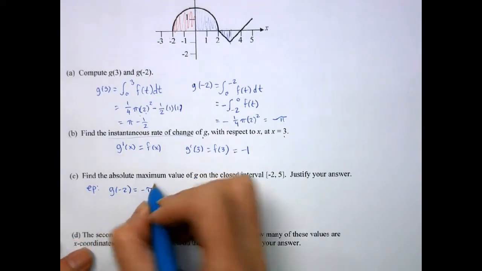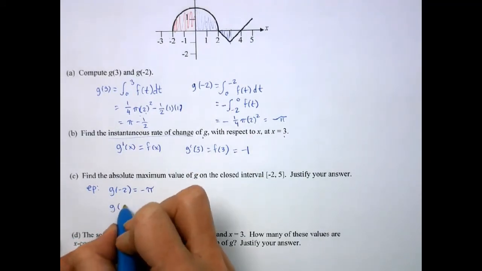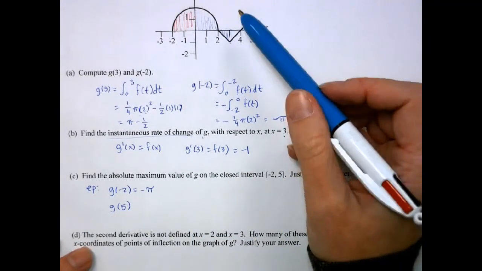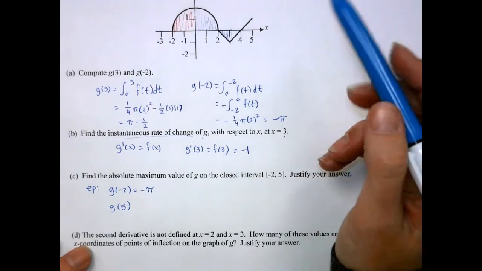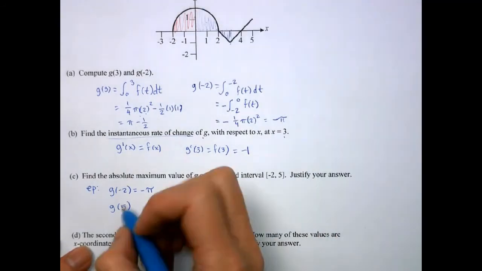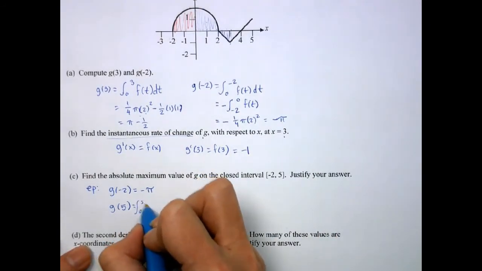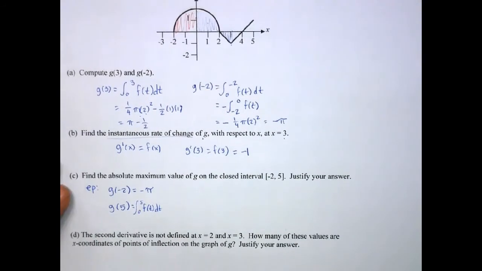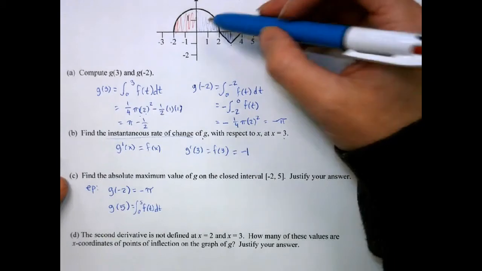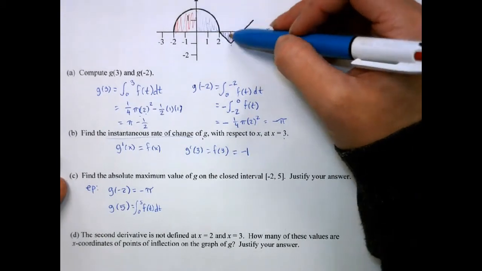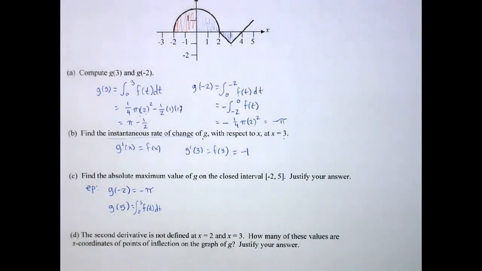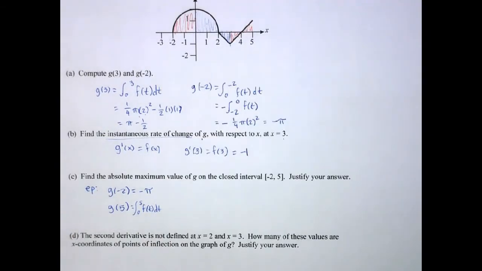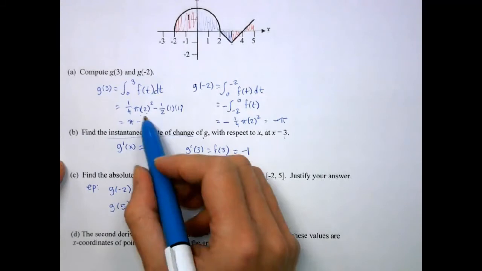G of 5 is going to be the integral from 0 to 5. G of 5 we've actually already calculated because we did g of 3, which was all of this. If I were to add on this and this, they actually cancel each other out. So this is the same as what we found here, pi minus 1/2.